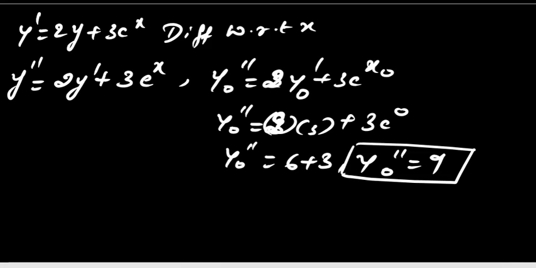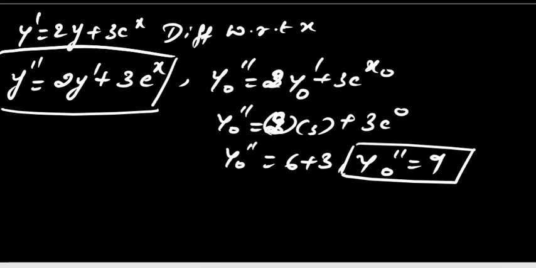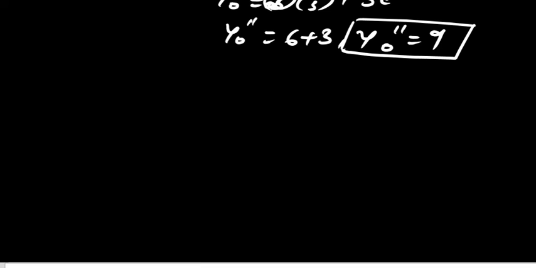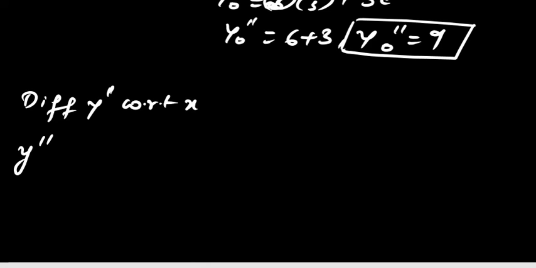Similarly, keeping this as your function, differentiate this with respect to x once more, so that you get y triple dash. So we are going to differentiate y double dash with respect to x. On differentiation, y double dash is converted to y triple dash, that is equal to 2 y dash becomes y double dash plus 3e power x remains the same.